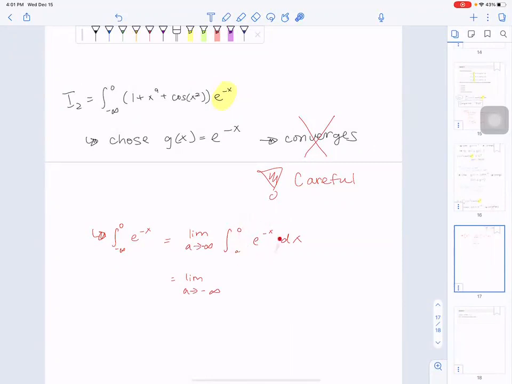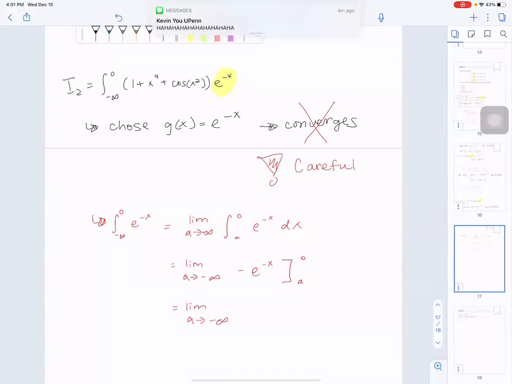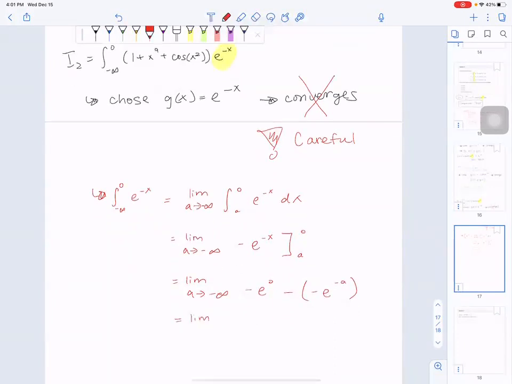You can use substitution. I would just say it's negative e to the negative x from a to 0. Then you plug in 0, so you get negative e to the 0, minus, you plug in a. So what does this give you? e to the 0 is 1, and this is plus e to the negative a.